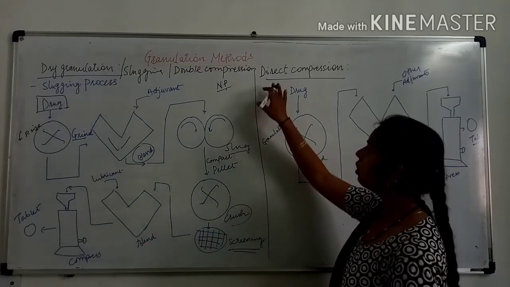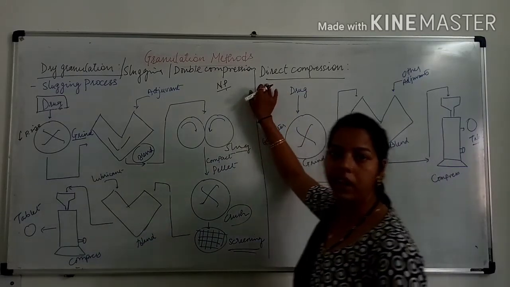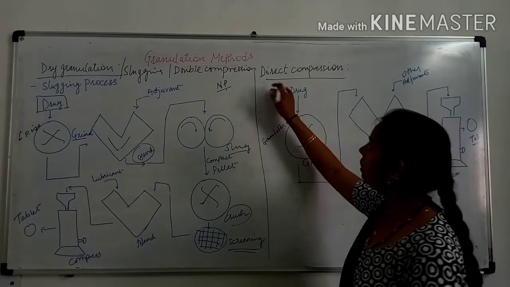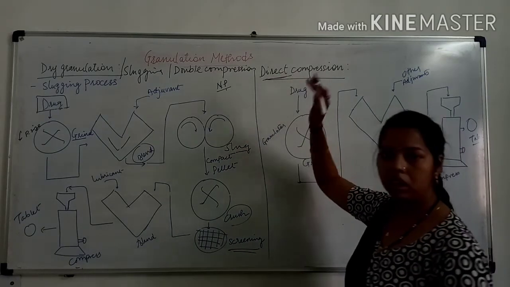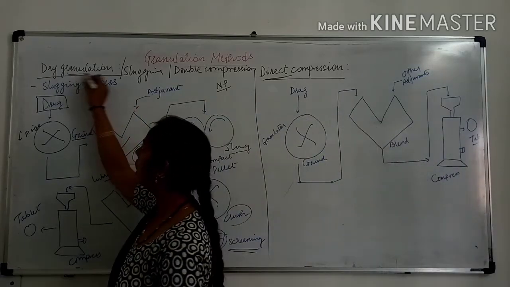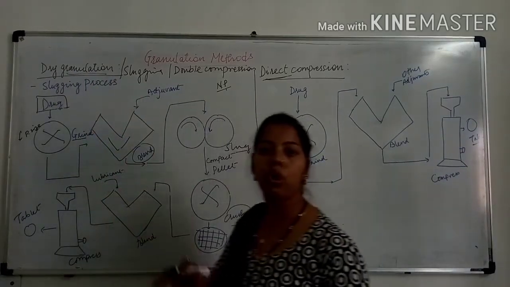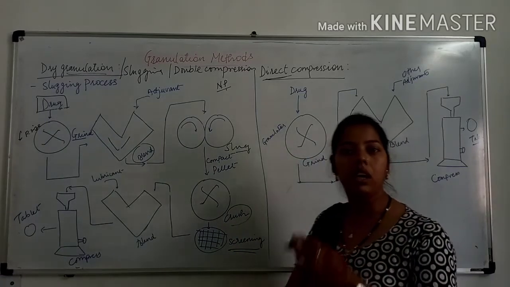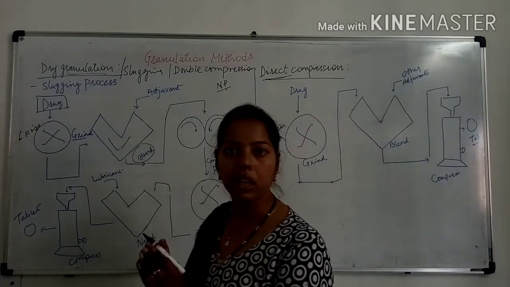The third granulation method is direct compression. Here we do not go for the granulation process. We do not make granules of the content.